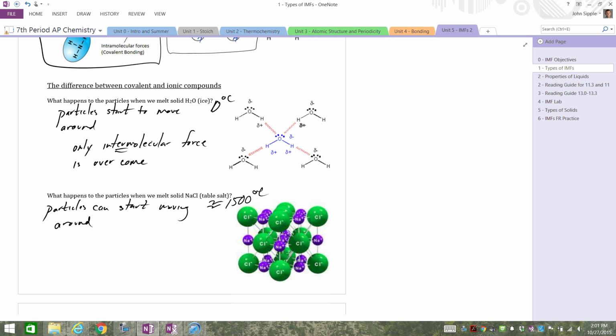Okay, but when it comes to the sodium chloride, we're talking about breaking, loosening up these ionic bonds, which are intramolecular. So in this one, intramolecular forces are overcome.